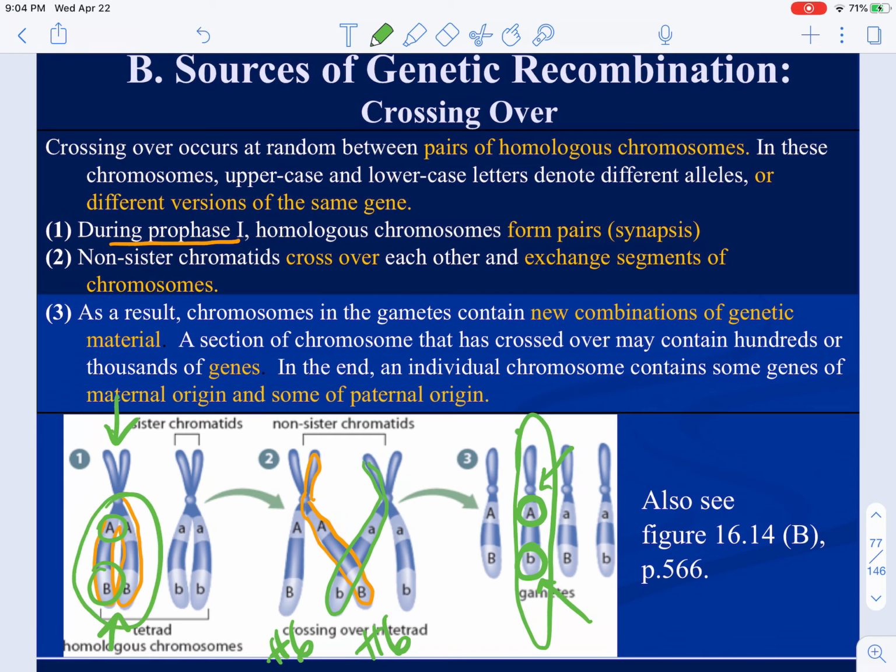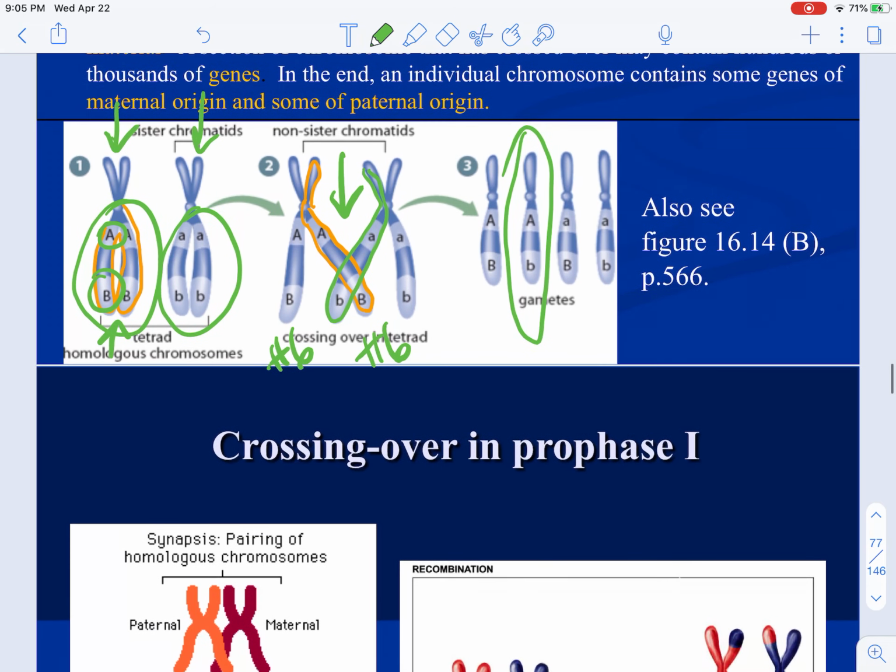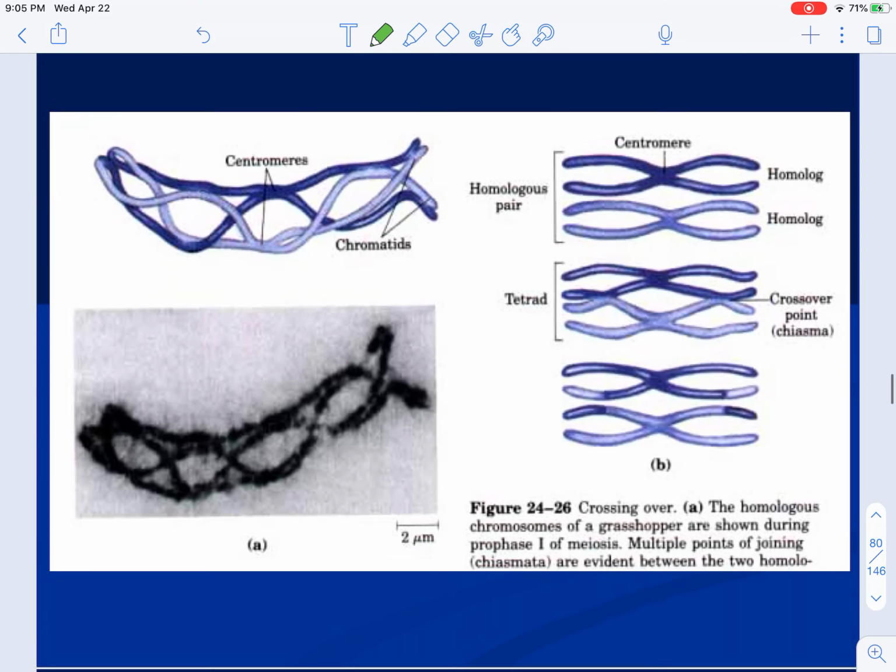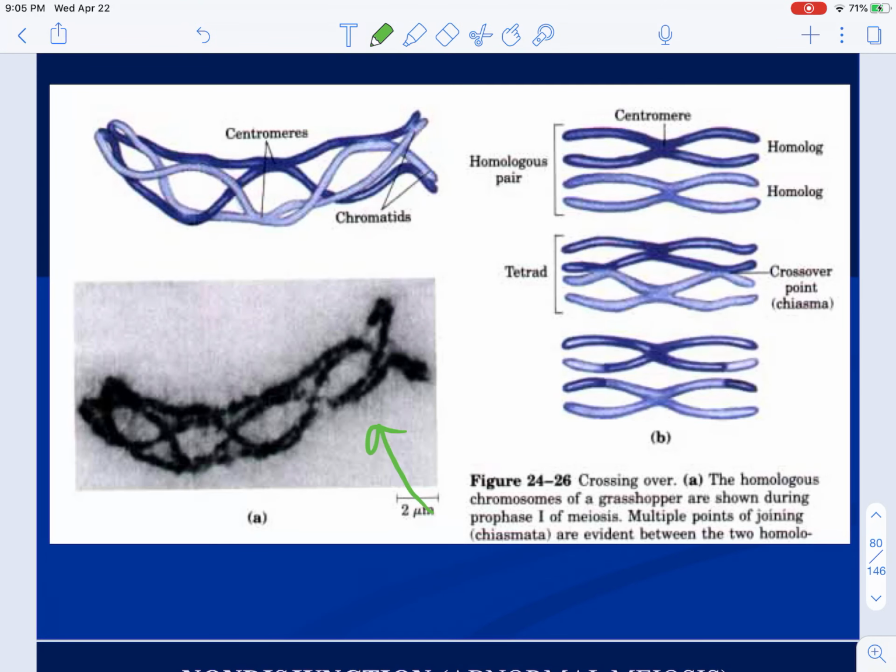One parent had all dominant genes, big A, big B. One parent had all recessive genes, small a, small b. But because of crossing over, some resulting gametes have a combination of some dominant, some recessive. So you can see how there's a mix found on any one chromosome in a sperm cell or an egg cell. On any one chromosome you look at, like chromosome 10, some genes are from mom and some are from dad because of crossing over.